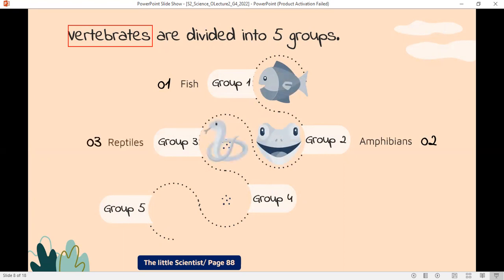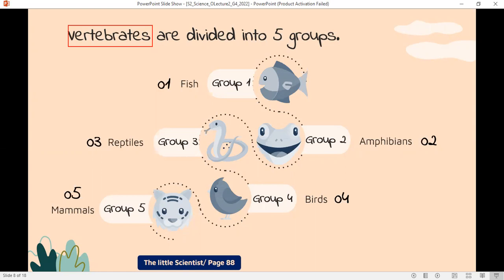Group 3, reptiles. 4, birds. 5, mammals. Fish, amphibians, reptiles, birds, and mammals. All the animals that belong to these groups are vertebrates and they have a backbone.